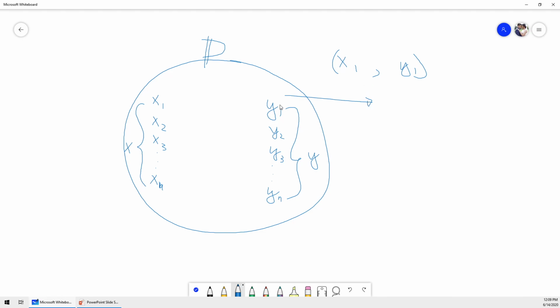So say, for example, X sub 31 has a very large difference in characteristics compared to Y sub 1085.